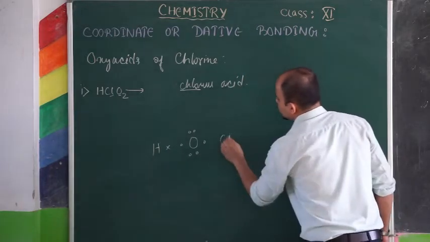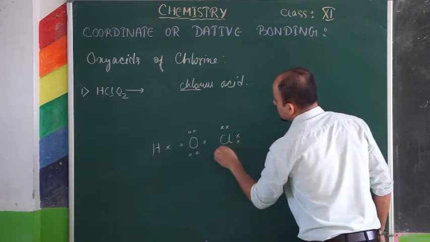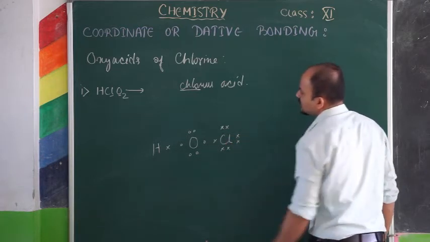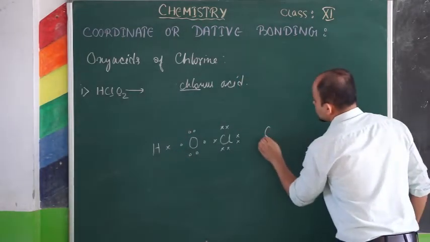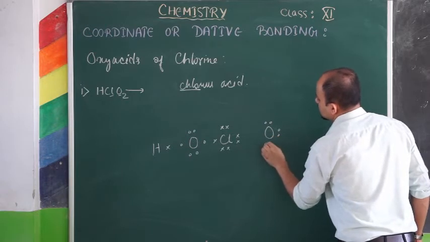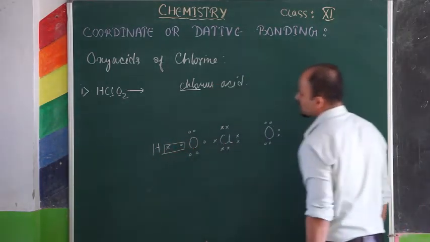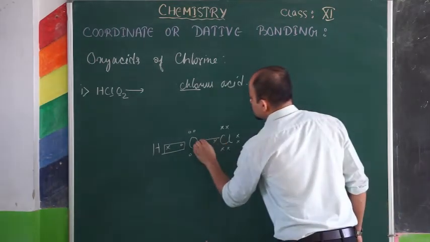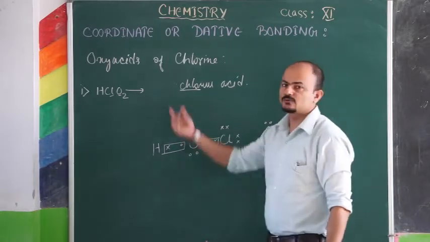Chlorine has 7 electrons in the valence shell. And here you have 2 oxygen. So 1 oxygen is present here with 6 electrons in the valence shell. So these two again will be involved in covalent bond formation. These two will again be involved in covalent bond formation as in case of hypochlorous acid.